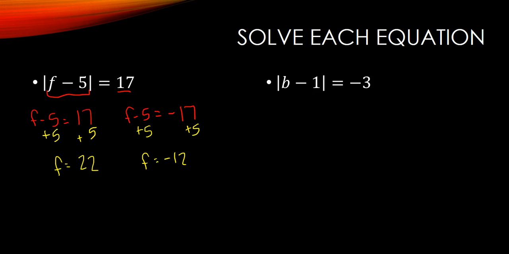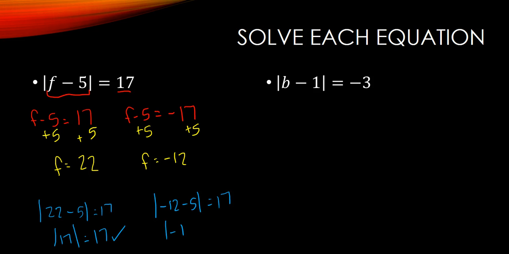If I put 22 in here, I get 22 minus 5 equals 17. Well, 22 minus 5 is 17. Is the absolute value of 17 17? Yes. If I put negative 12 in here, I get negative 17. Is the absolute value of negative 17 17? Yes. So we know that we did that correctly. And 22 and negative 12 are my two answers.